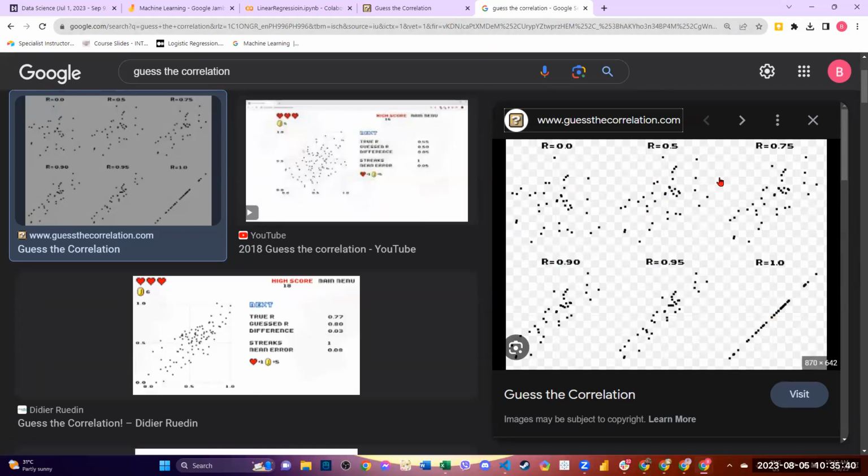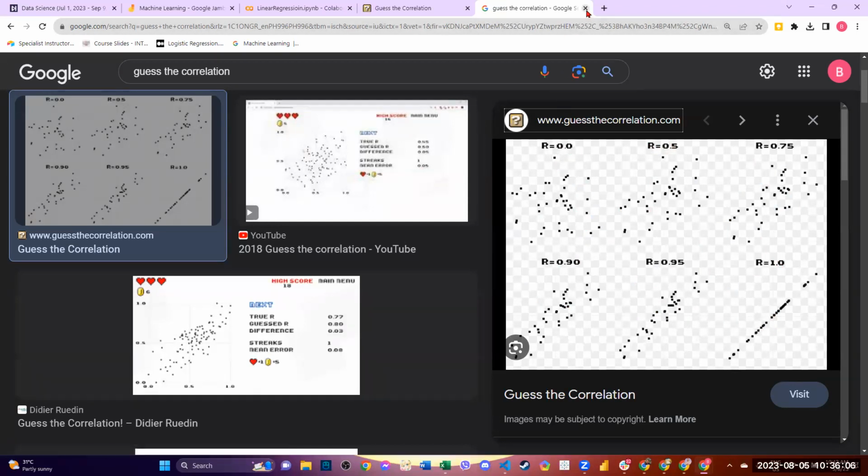Now, do you understand the scaling context of the R? Nakuha niyo ba yung pattern? Do you kind of recognize the pattern? If the R is increasing and is getting close to 1, the points are also merging and aligning together.